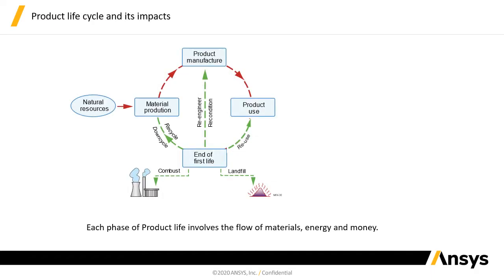Each phase of product life involves the flow of materials, energy, and money. So this is a representation of product life, from extraction of natural resources to material production, then to product manufacturing, product use, and various ways to end its first life, as well as opportunities for recycling, reengineering, reconditioning, or reusing.